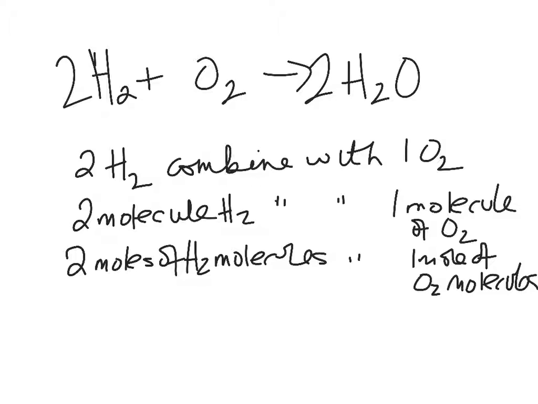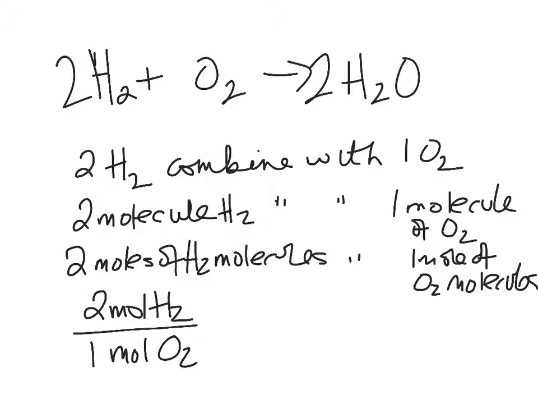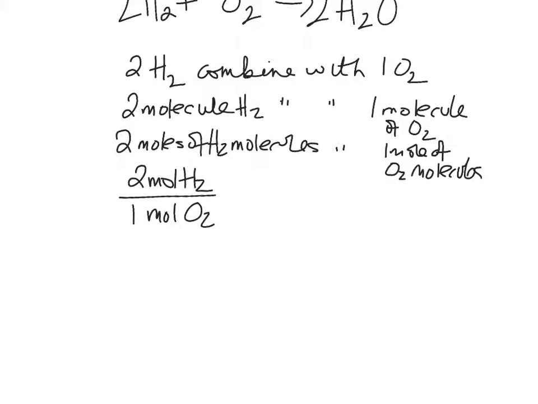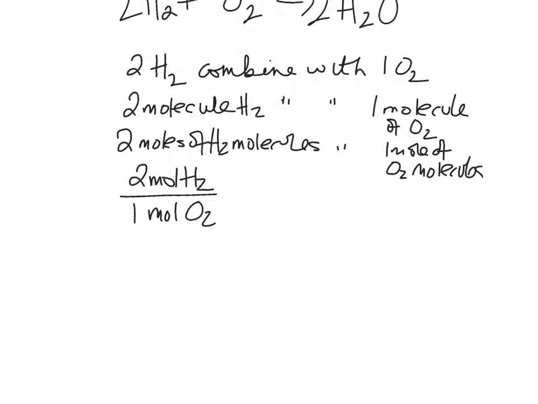Same thing here. 2 moles of H2 combined with 1 mole of O2. Yeah, so this will be the exact same thing if I put 1 mole of O2 on top and 2 moles of H2 on the bottom.